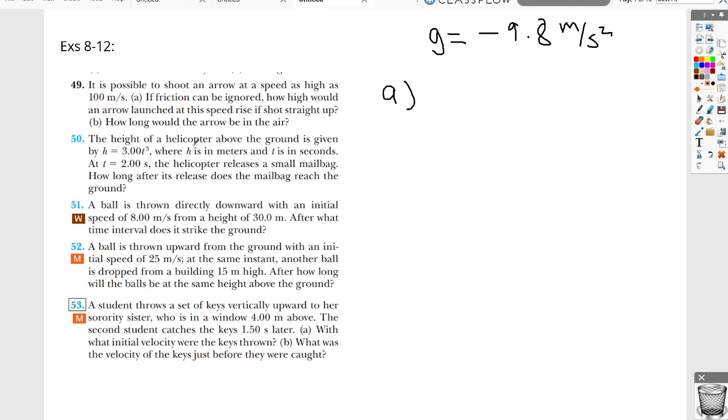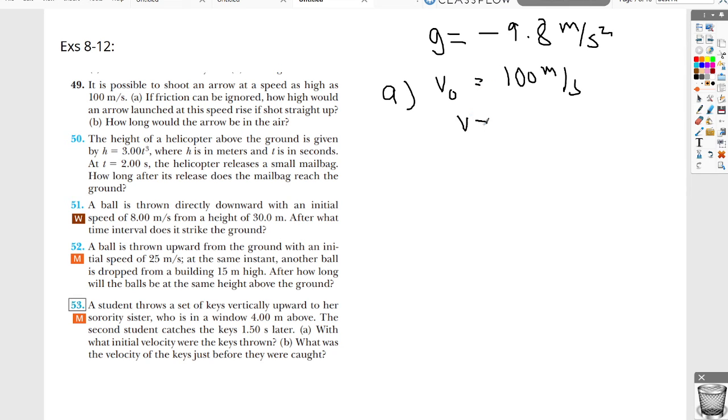But anyways, it looks like it's not giving you that much information in problem 49, but it is giving you the acceleration already automatically. So if friction can be ignored, how high would an arrow launched at this speed rise if shot straight up? If it's reaching its maximum height, what would be the final velocity?